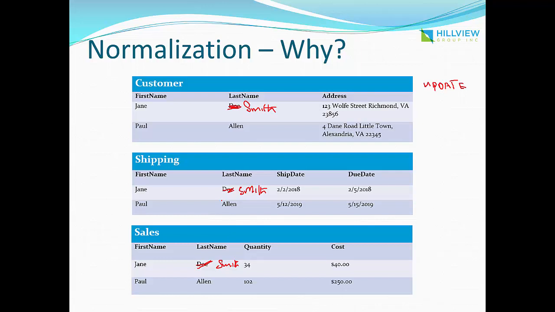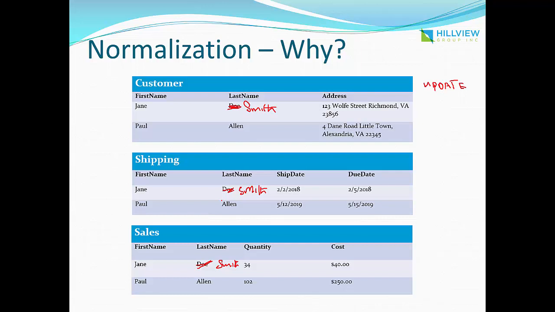When a data point, in this case, the last name, any data point, right? The data point we are talking about in this case is the last name. But when any data point is stored in more than one table or stored in more than one entity, we say that that data is redundant.